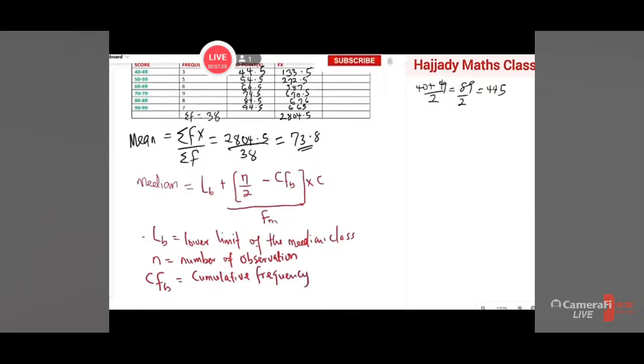Okay? Sorry for using abbreviation. And we have our F subscript M, which is the frequency of the median class.